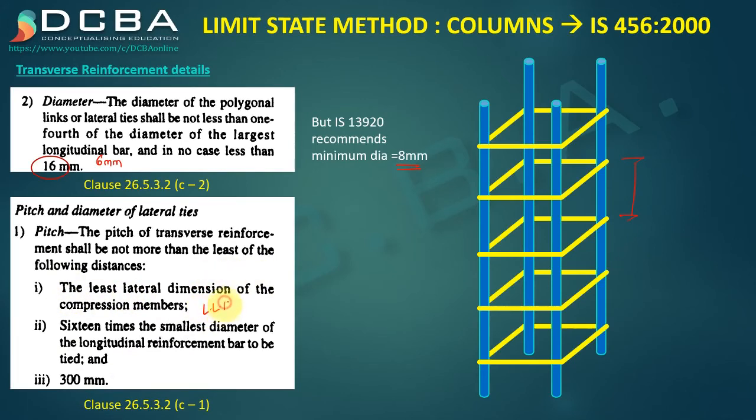So this is the least lateral dimension. Next is 16 times the smallest diameter of the longitudinal reinforcement bar to be tied. So 16 times dia of smallest, and the third one is 300. So out of these 3, the minimum would be your pitch.